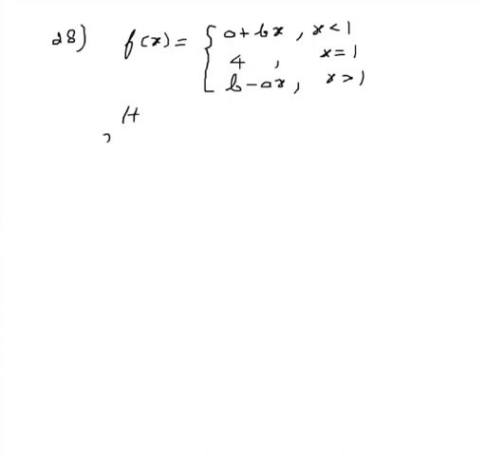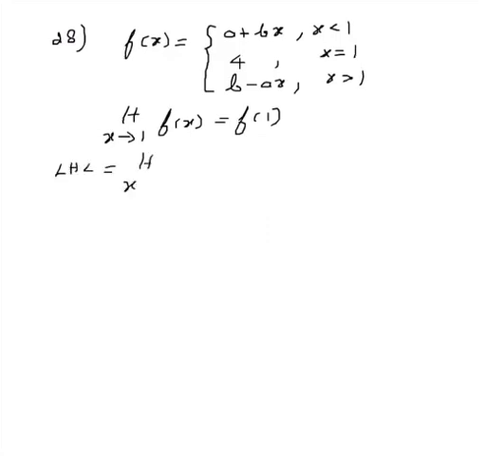And it is given that the limit as x tends to 1 of f of x is equal to f of 1. What are the possible values of a and b? So at 1, the definitions are different. For less than 1 and for greater than 1, the definitions are different. So we need to do LHL and RHL.